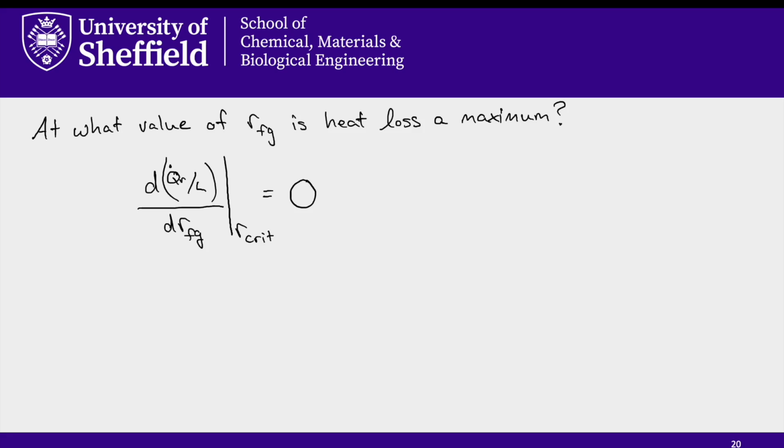And we're going to say at this critical value of the radius, the heat loss is a maximum. And we want to know what that maximum heat loss is because that's going to correspond to the minimum value of insulation thickness that we can apply. So that's the equation we'll use to get there.